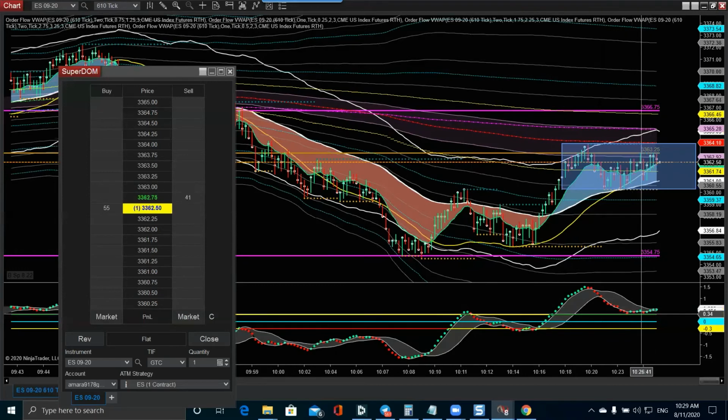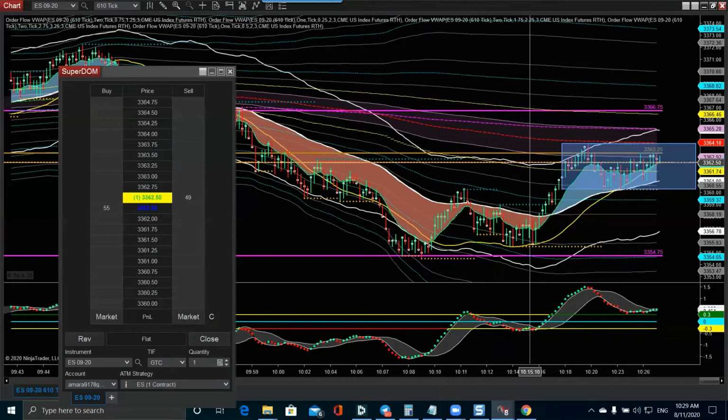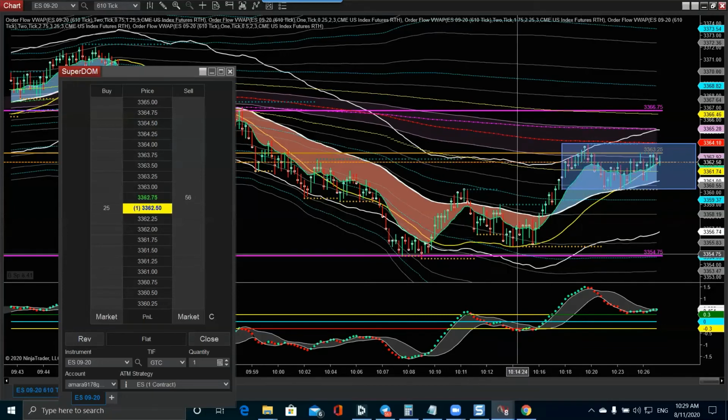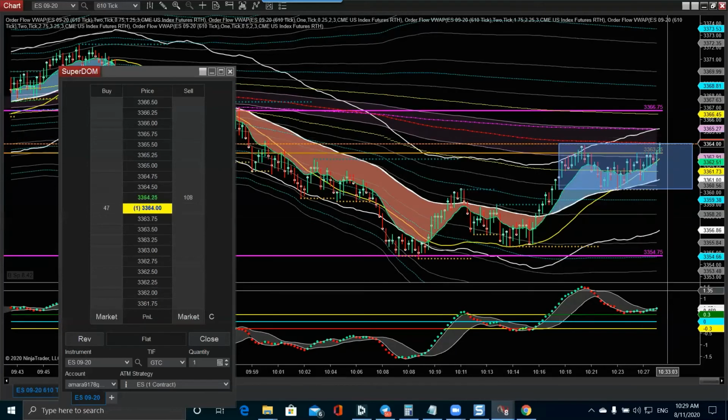Even though we were above the +3, meaning strong momentum still going to the outside. So basically it's consolidating right there.